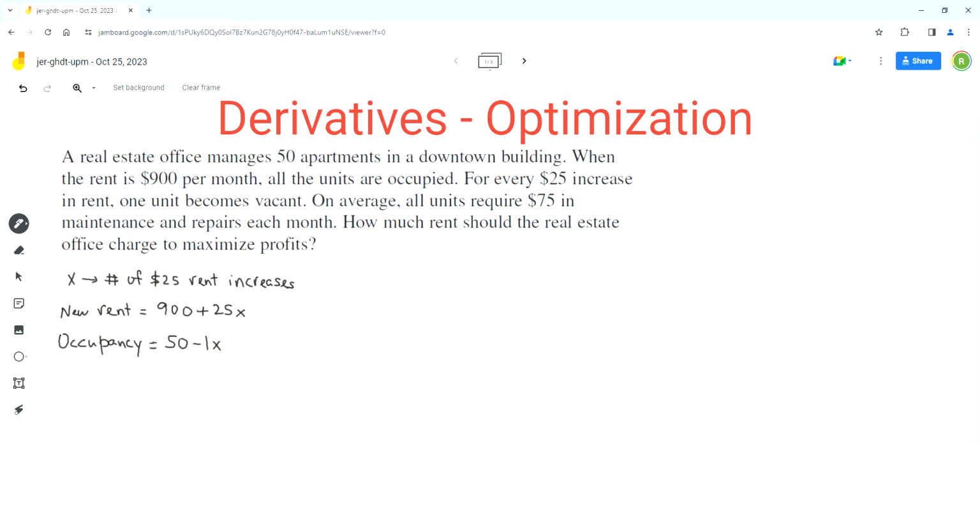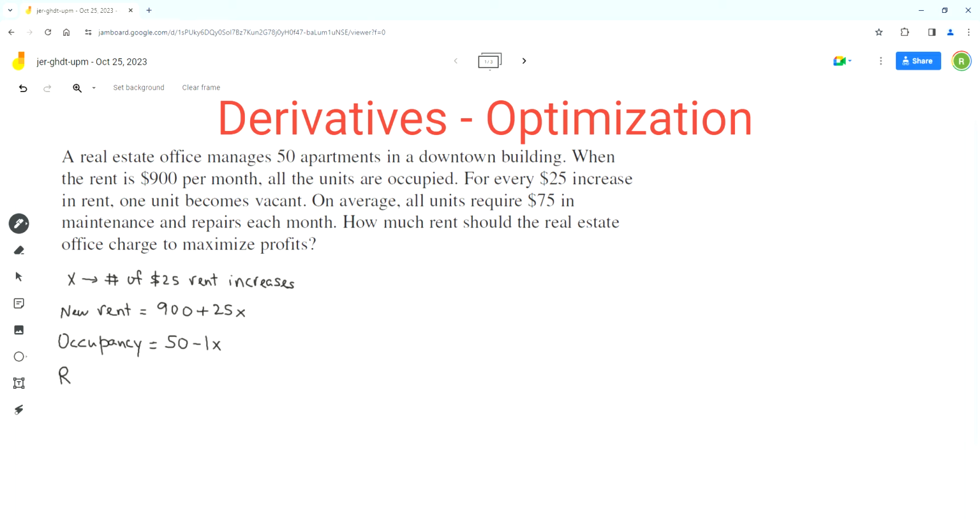So if we increase the rent by x number of $25, that means there will be 1x less apartments rented. So now we can use this expression for new rent and new occupancy to find the revenue function.